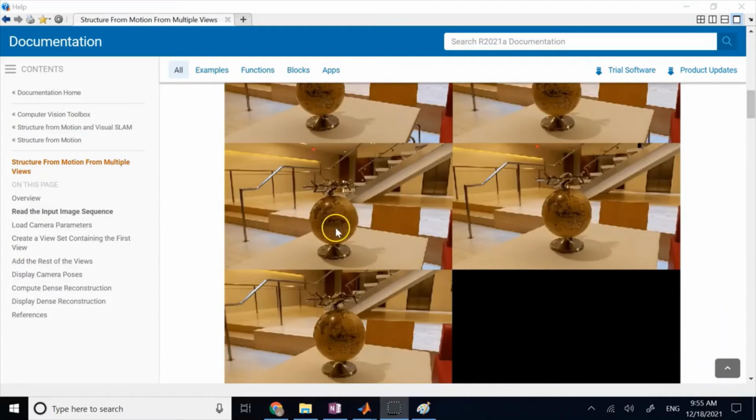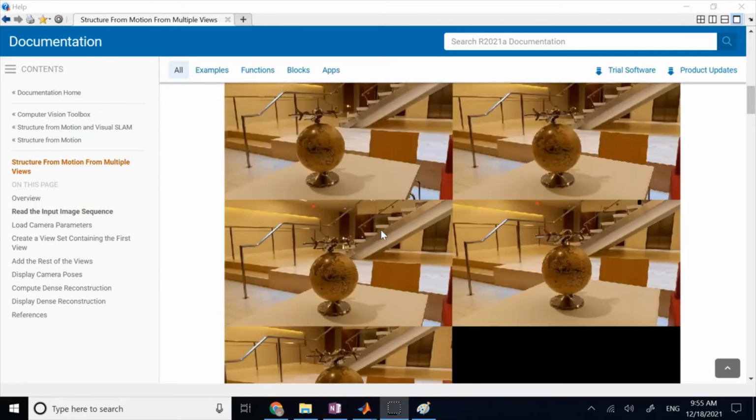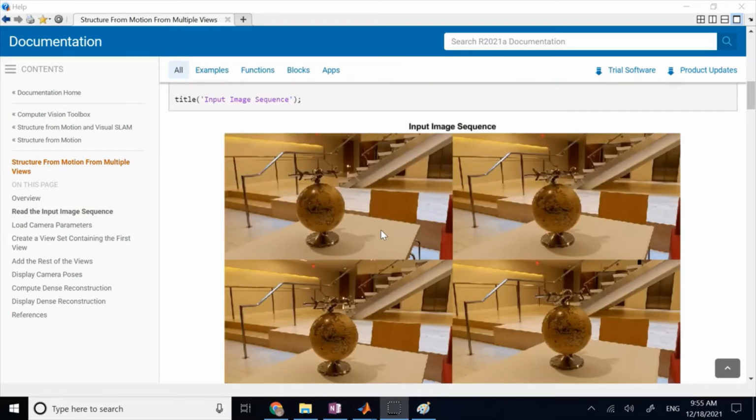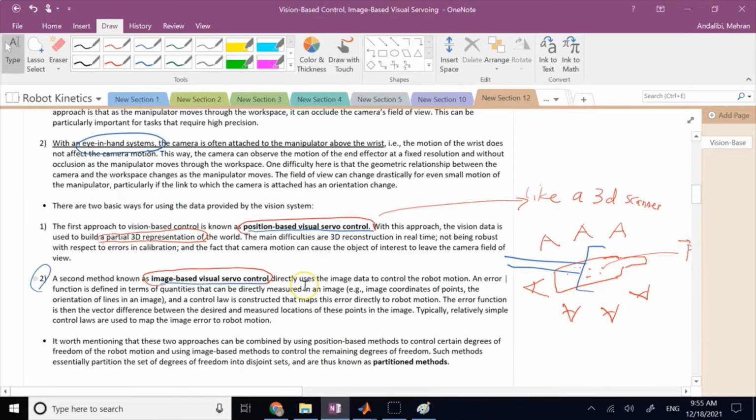You can estimate the 3D shape of the object. And once you have that 3D shape of the object, then you can basically adjust your end effector position orientation to grab that object, to put it down, to handle it properly, okay? So this is what we call position-based visual servoing.